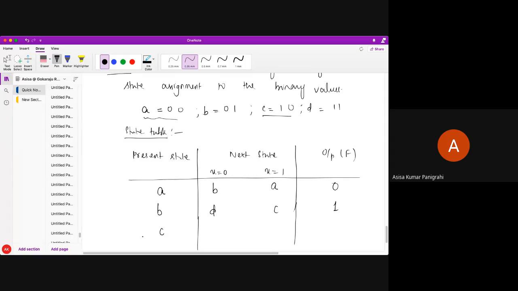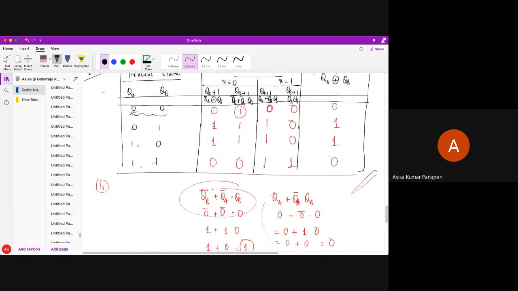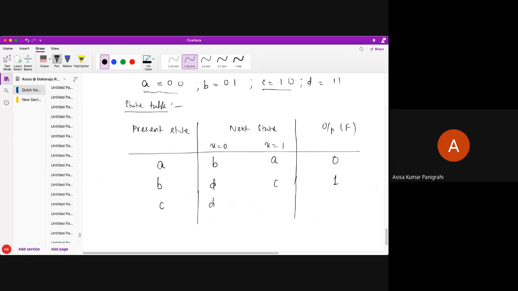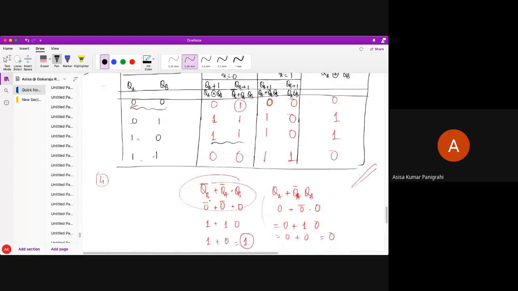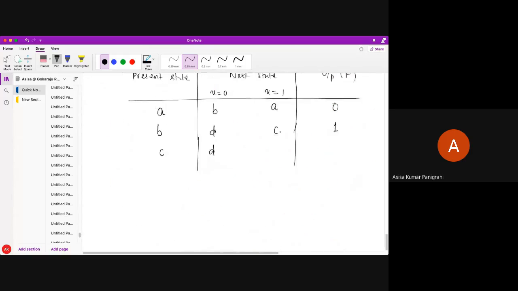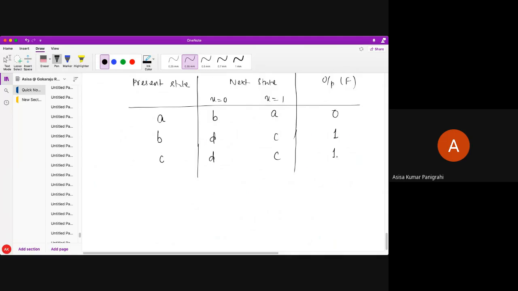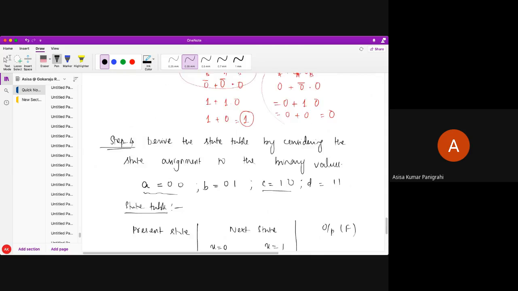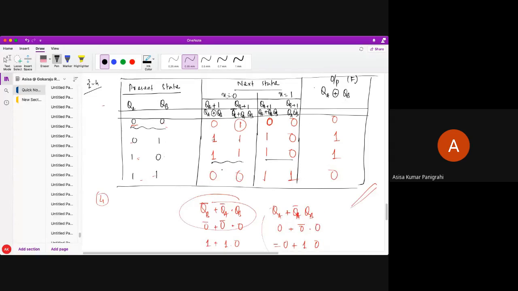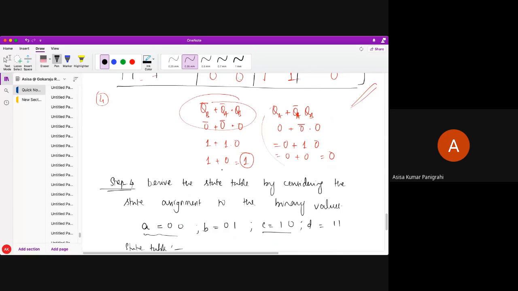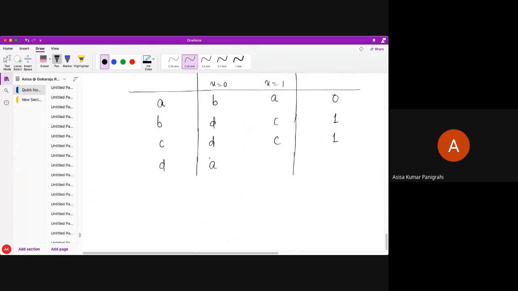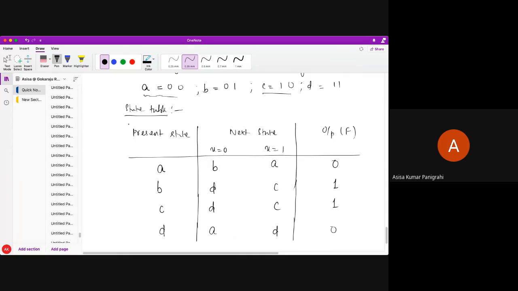Next present state is C. For x equal to 0, I would have 1 1, which means D, and for x equal to 1, 1 0, which means C. And output is 1. Now present state is D. For x equal to 0, 0 0 means A, and for x equal to 1, 1 1 means D. And output is 0. So this is my initial state table.